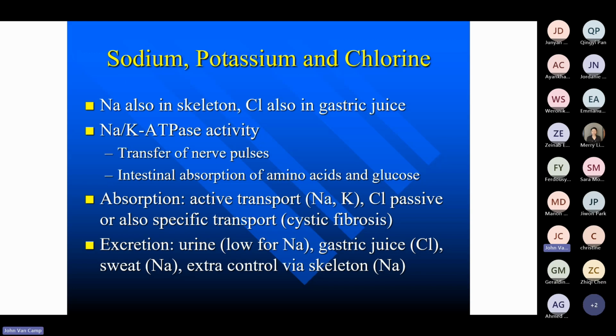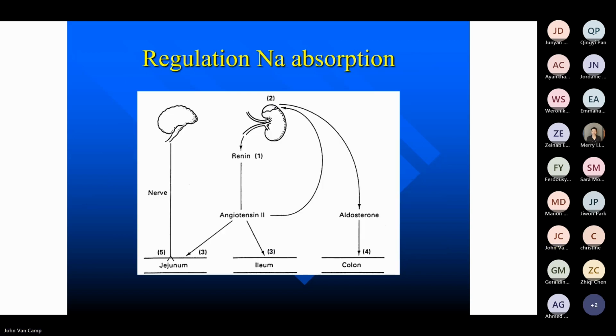Then in terms of excretion, we see that excretion can be done by the urine, by gastric juice for chlorine, by the sweat for sodium, and also by the skeleton. And you can also control sodium intake. In case you have low levels of sodium, the sodium can be absorbed from the GI tract. This is done by the release of renin, a hormone which is released from the kidneys when the levels of sodium are quite low.